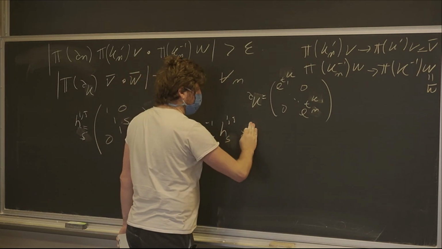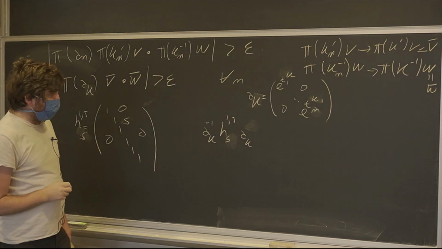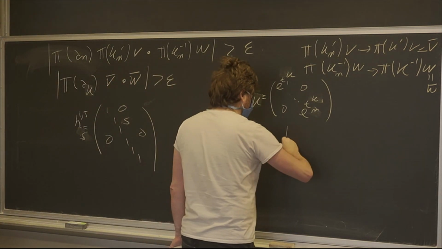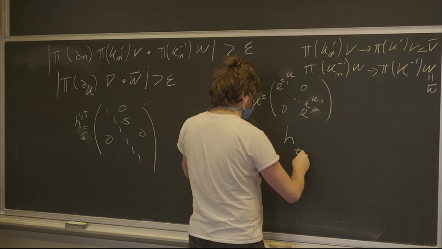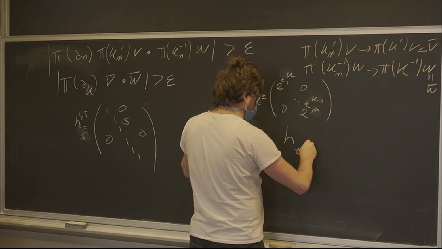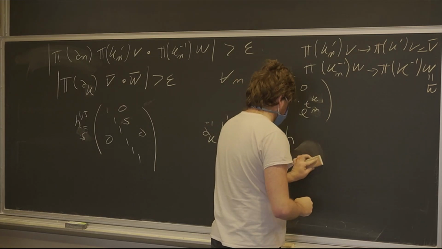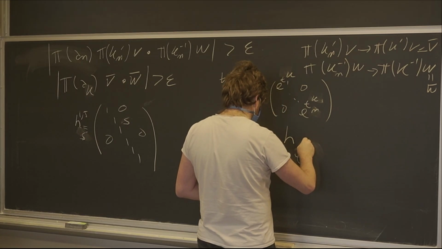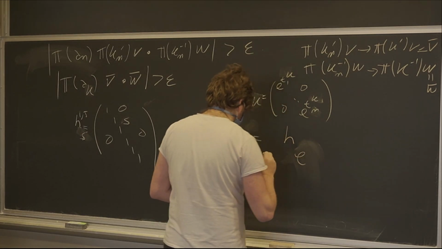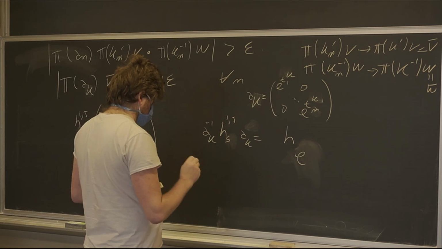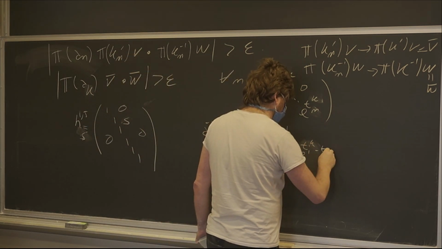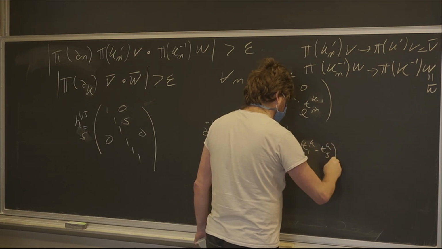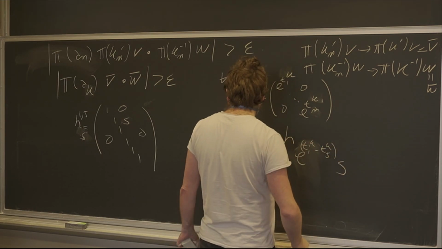We wanted the inverse here for Mautner, and this becomes h, and this is e to the t_{ik} minus t_{jk} times s.